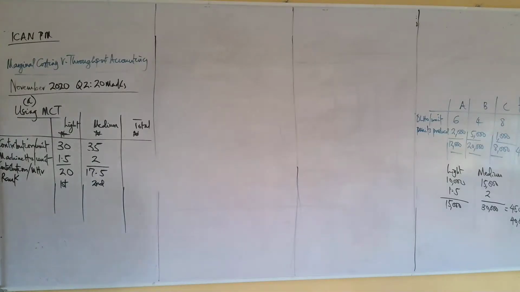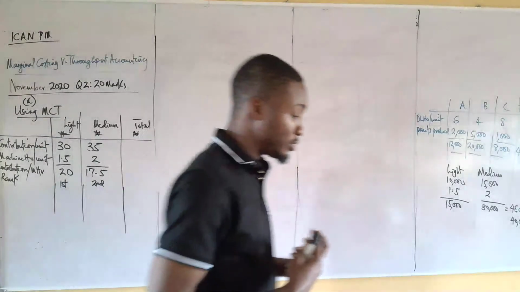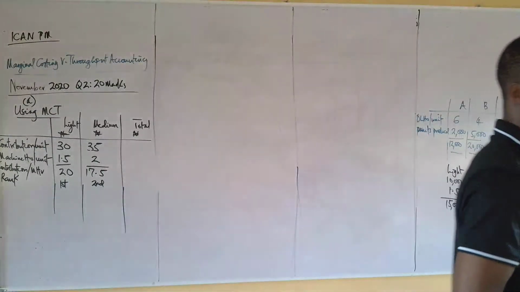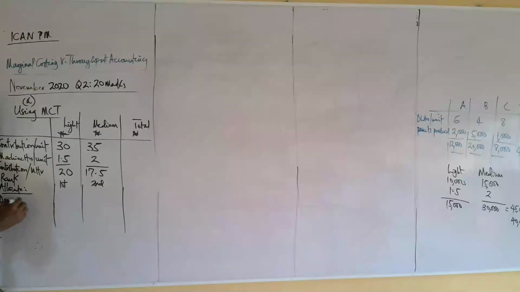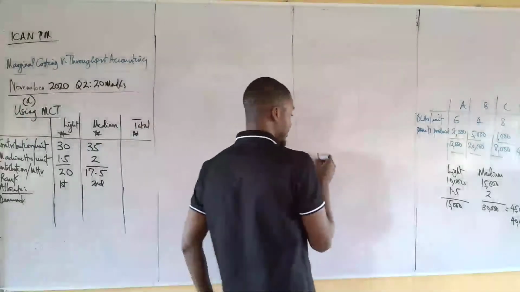Now, in the allocation table we start allocating to the product with the first rank, Abi? Yes. And that product is light. So allocate. Now, what's the demand for light? 10,000.